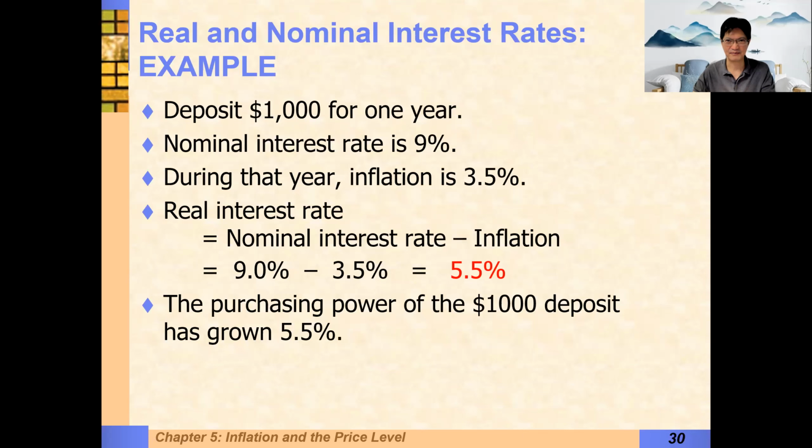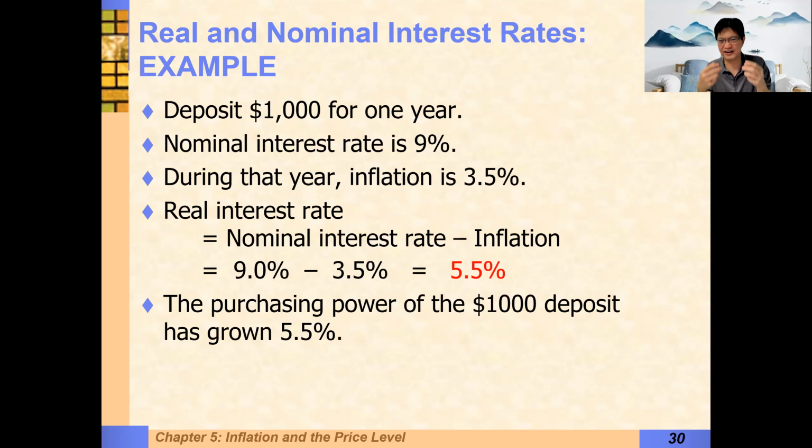So let's have a look at an example of calculating real interest rates. Suppose we have $1,000. We put the money in the bank, and the bank pays us 9%. So at the end of the year, I get $1,090 back. Do I gain this full 9%? Not really, not if there's inflation. Suppose the inflation rate is 3.5%. Then the value that I can buy with $1,090 is not the full amount of 1,090.